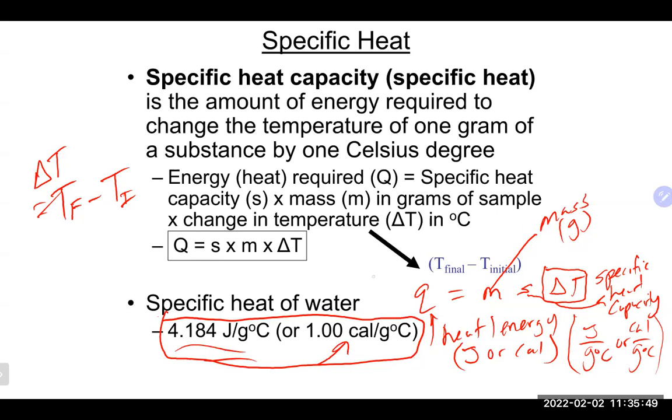And again, this is really for liquid water. I say that because, for example, the specific heat capacity for ice, which is water in its solid form, is like 2 joules per gram per degree Celsius. And for steam, it's like 2.03 joules per gram per degree Celsius. So the state of the substance does matter when you look up something like the specific heat capacity.